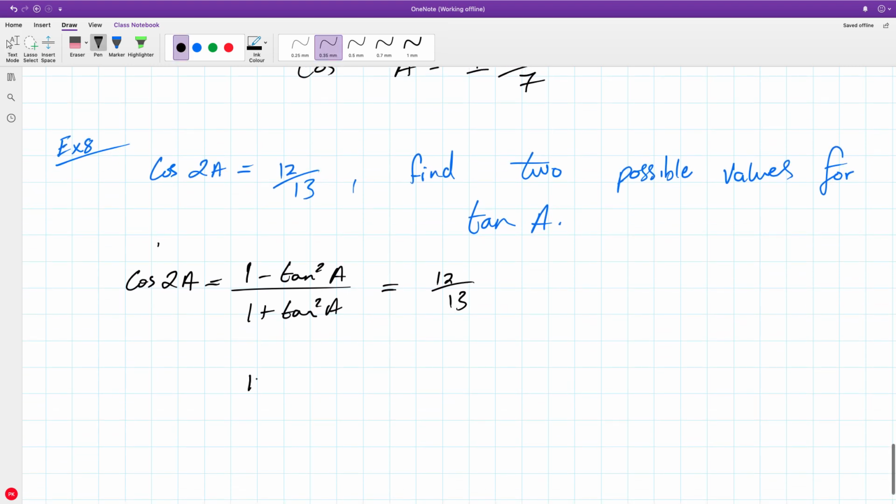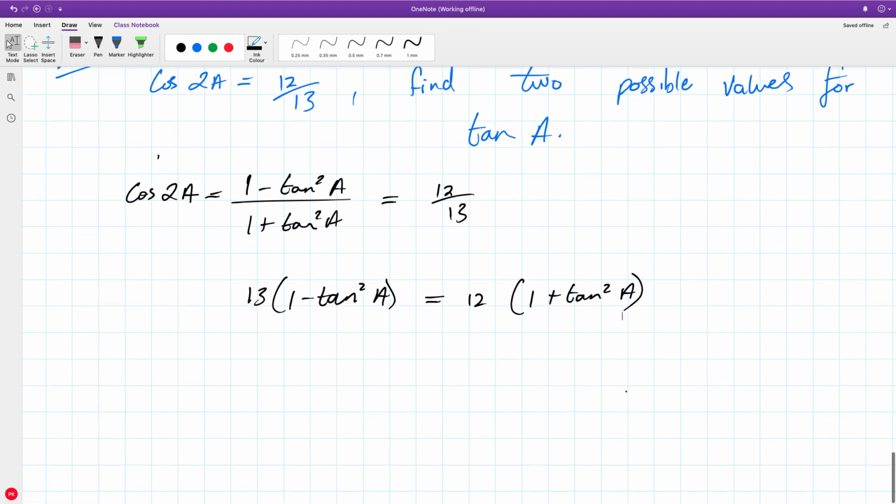So that's 13 times 1 minus tan squared a is equal to 12 times 1 plus tan squared a. 13 times 1 is 13. 13 times minus tan squared a is minus 13 tan squared a, is equal to 12 plus 12 tan squared a.